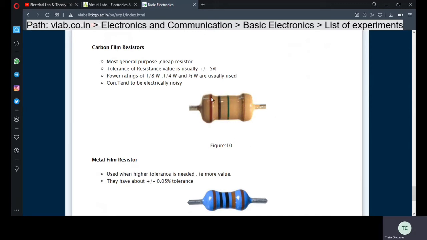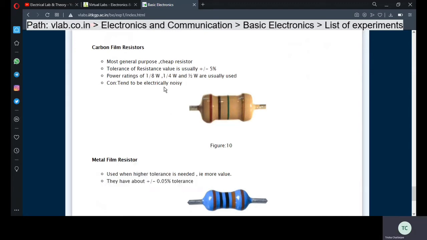The tolerance values of carbon film resistors are higher, whereas the tolerance for metal film resistors is much less. You can see here the tolerance is usually plus minus 5%, and here they have only 0.05% tolerance, which means they are very accurate.